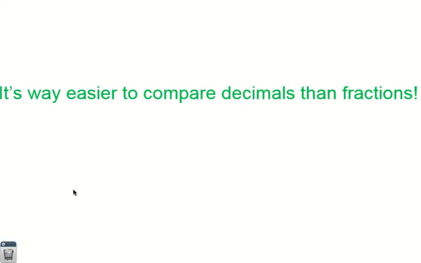I mean, I don't know if you're going to argue with that. Everyone's entitled to their opinion, but I would dare say that a strong majority of people would say that it's much easier to compare decimals, across the board. I know some fractions are easy to compare, but in my opinion it's much easier to compare decimals.